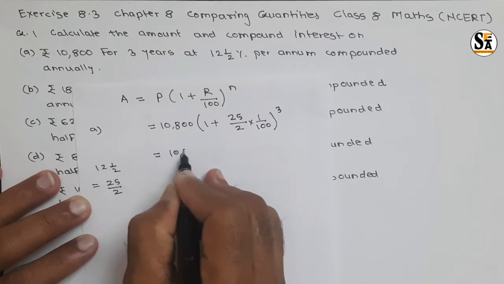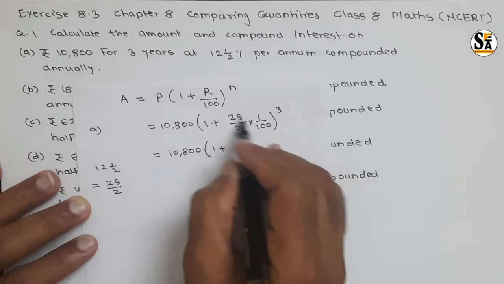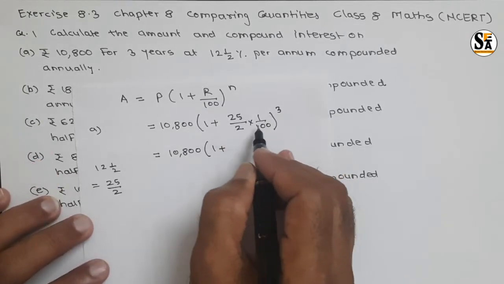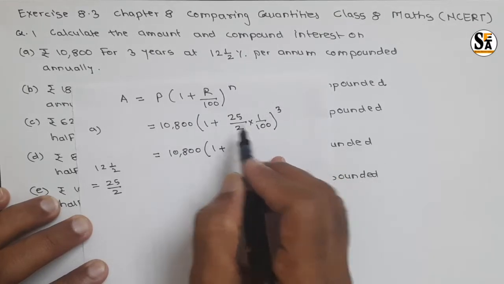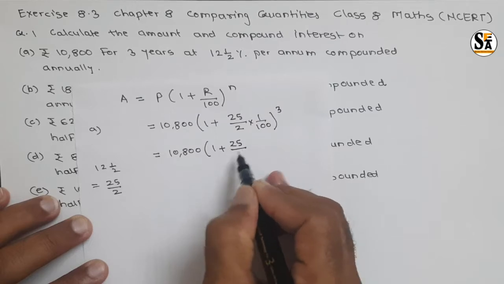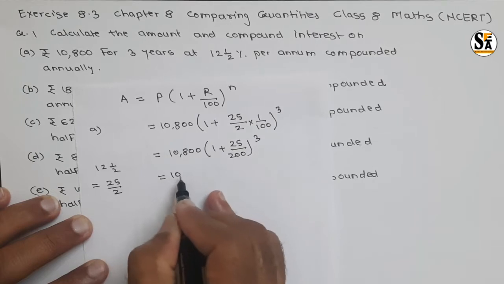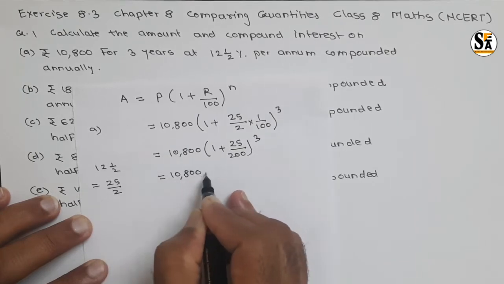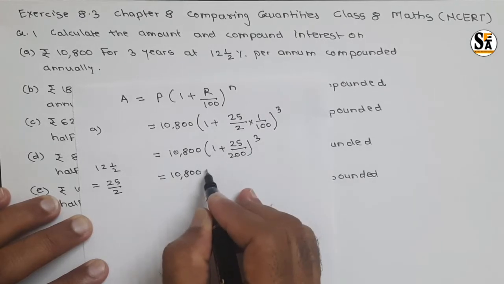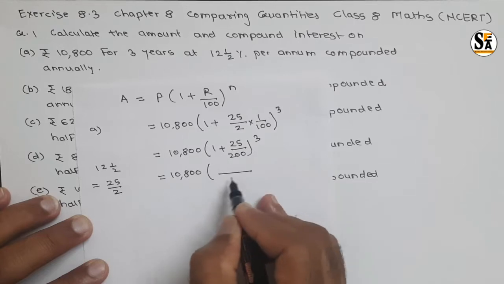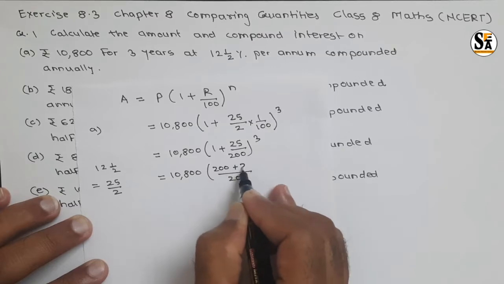So solve this. 10,800 into bracket 1 plus 25 divided by 200 bracket raised to 3. So that will be equal to 10,800 into 1 plus 25 divided by 200, take 200 common, 200 plus 25.